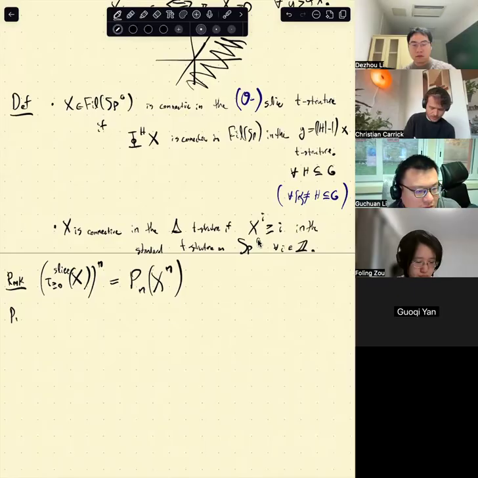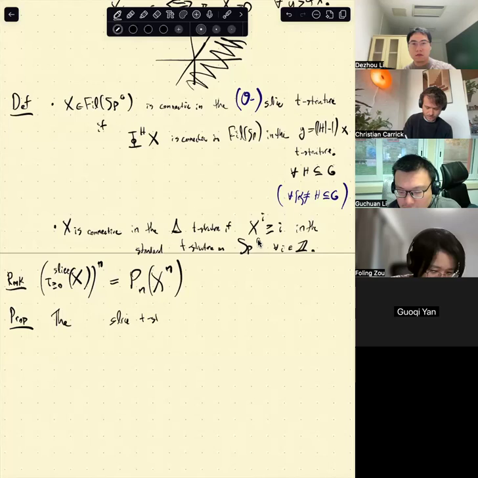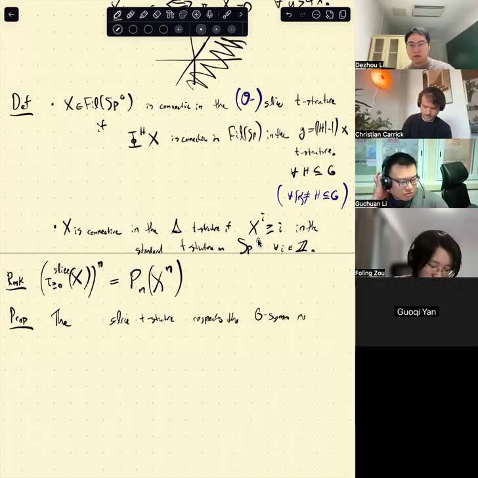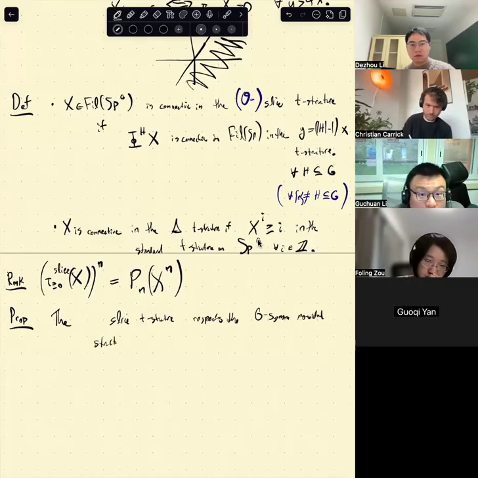Okay, so let me just state one proposition about this T structure. The slice T structure respects the G symmetric monoidal structure on filtered G spectra.